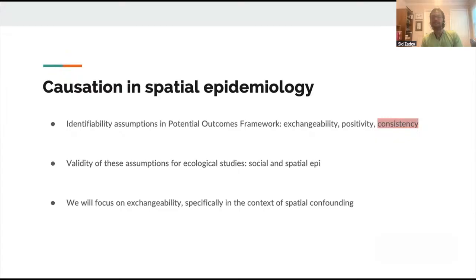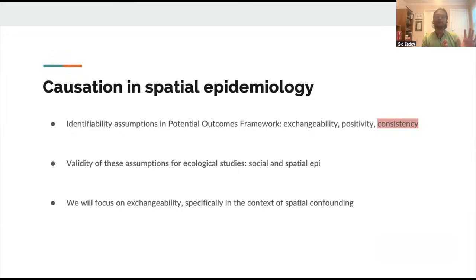And then consistency is the assumption that you have a well-defined intervention, and that your units of analysis, so individuals or groups or, in the case of spatial epi, census tracts or whatever, are not influencing each other's outcomes.